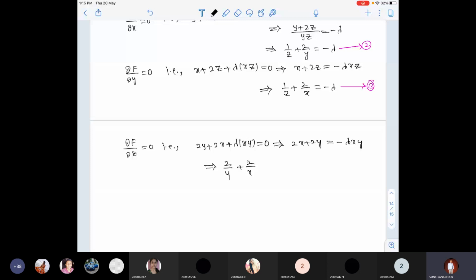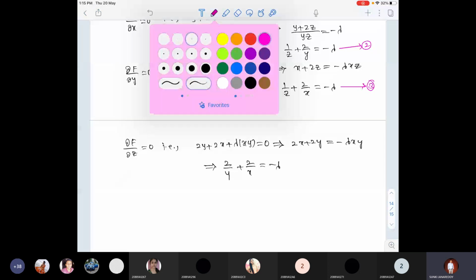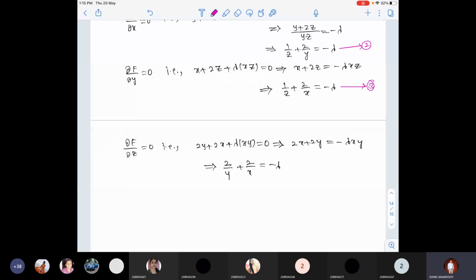Here the left side values, right side values, all are minus lambda only, right? Then by equating 2 and 3 we can get some values, and by equating 3 and 4 we can get some values. What are those values? We can see now.